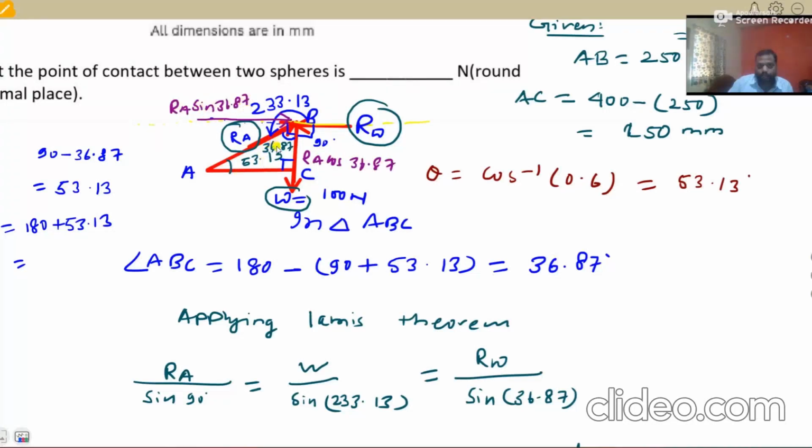This RA will be in this direction, and our weight will be in the opposite direction.